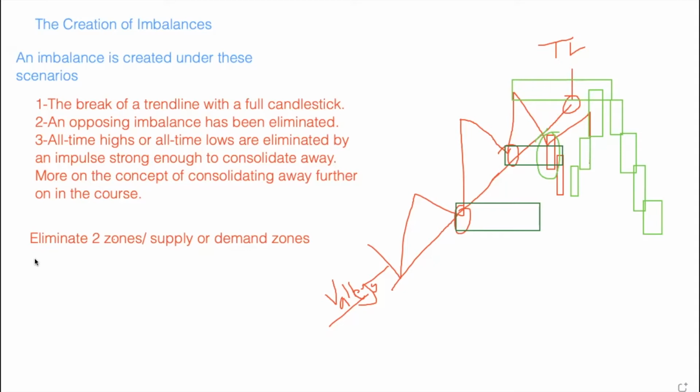If the trend was bullish and then two demand zones were eliminated, now the trend will be bearish. Okay, so like here on this example, we have the first demand, which is here.